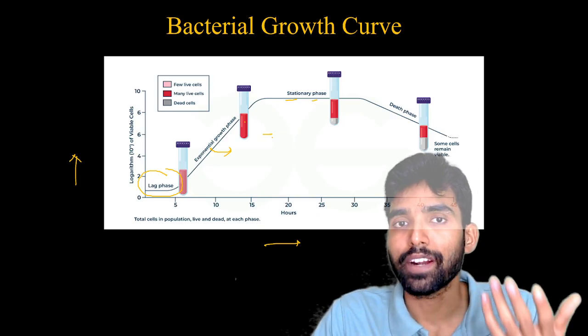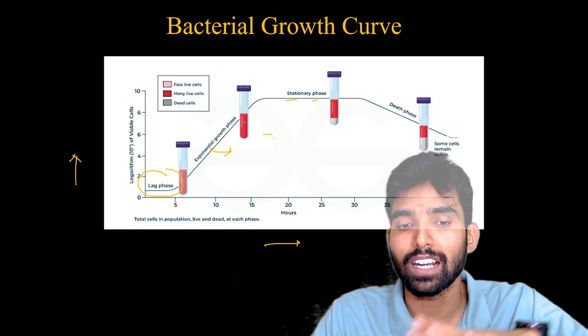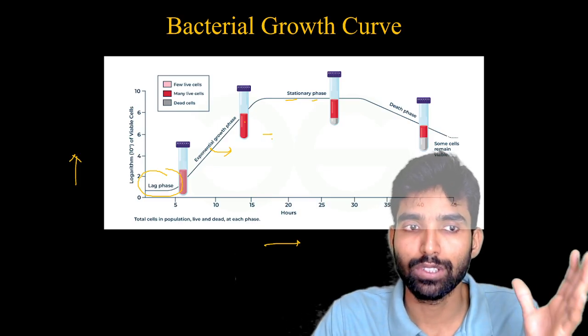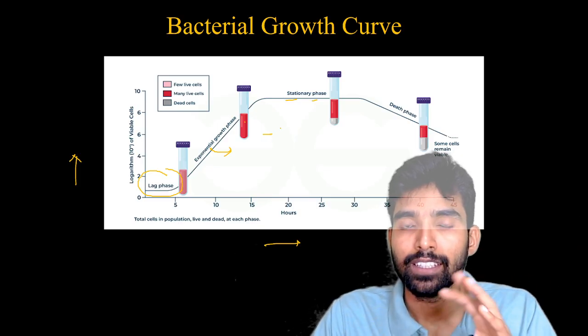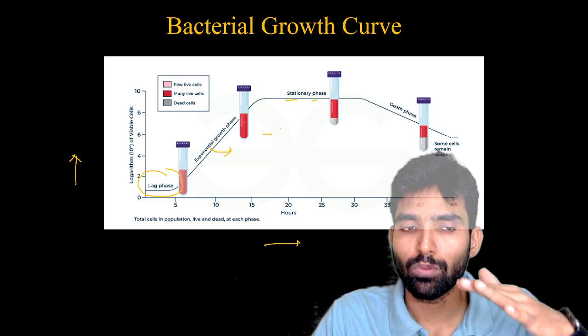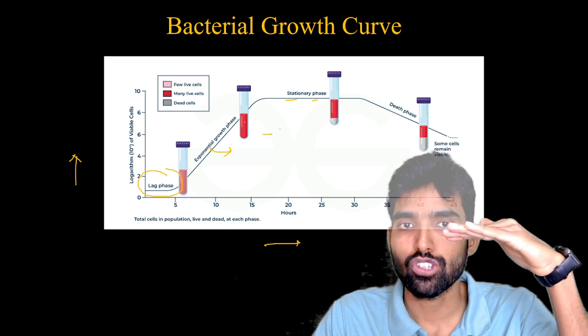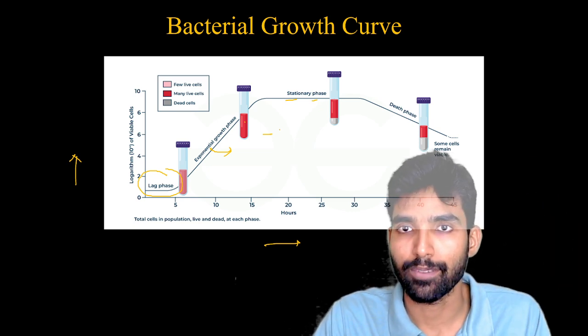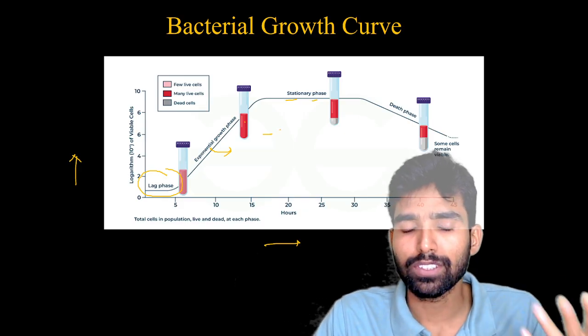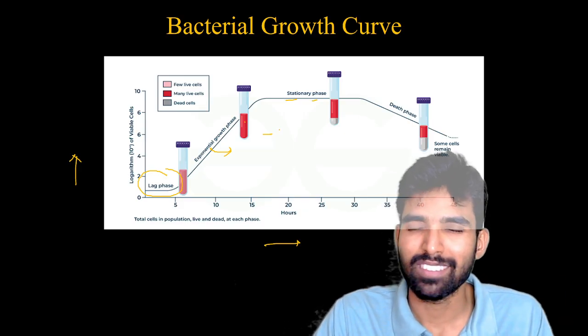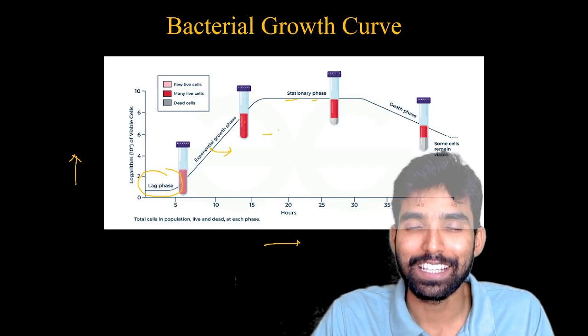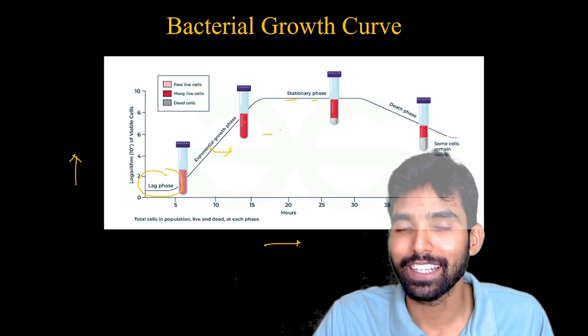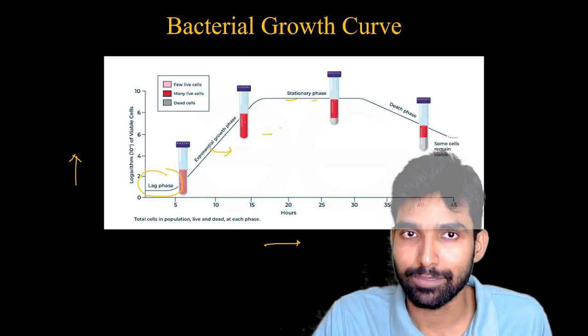Now once the bacteria are quite large in number, that means the culture is saturated, then there will be some competition. So the growth will stop, no further growth. And as the competition continues, some bacteria will die. That's the death phase.